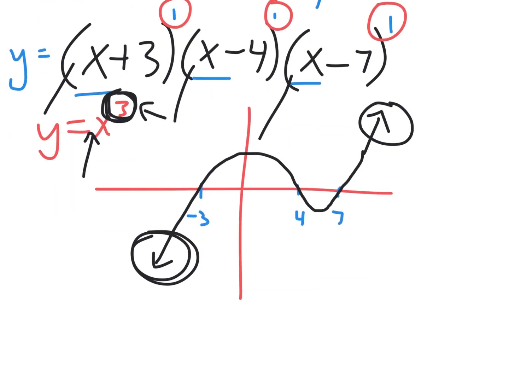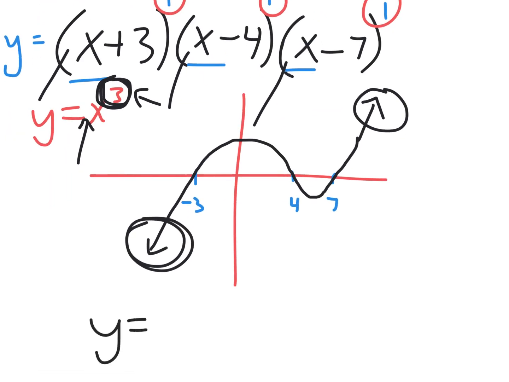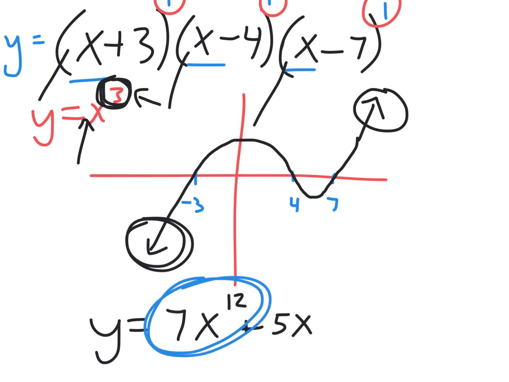If that lead term, like for a different one, if I had 7x to the 12th and it turned out even like that, then this is the only one that really matters. Since the lead term's positive, it'd be up on the right. Since that's even, it would be bouncing there. And, sorry, there could be a bounce in it, my bad.